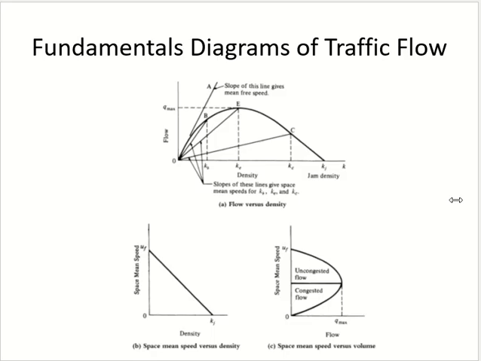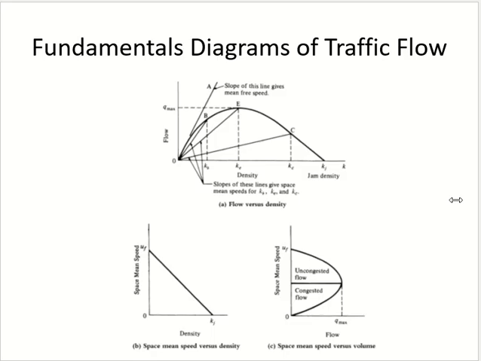If there are more cars, your speed will be less. At least it should be. So density increases means more cars on the road, speed decreases. So that's the straight line.